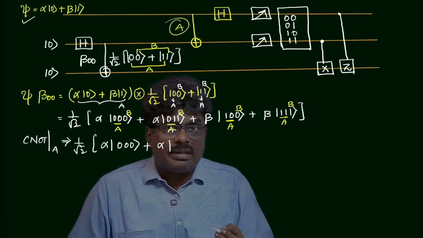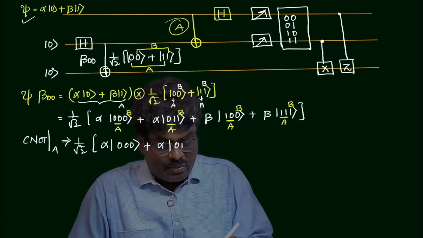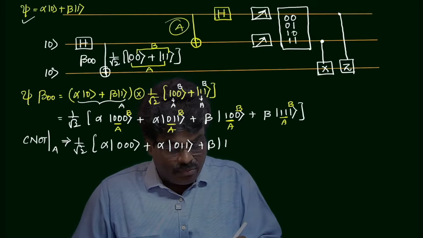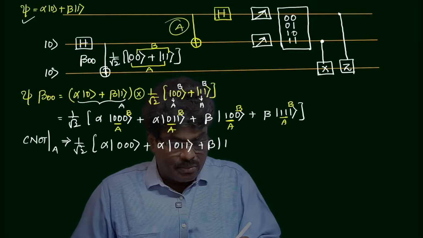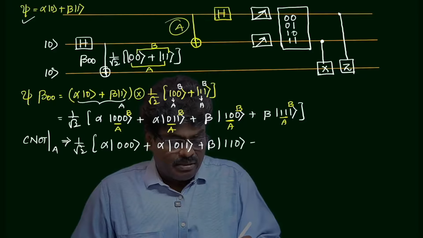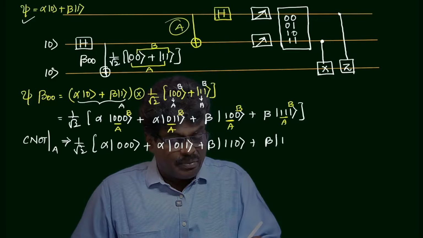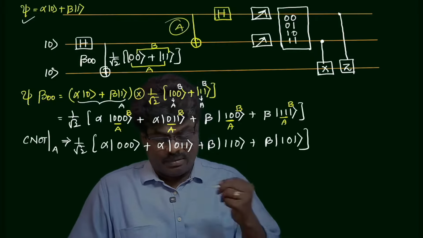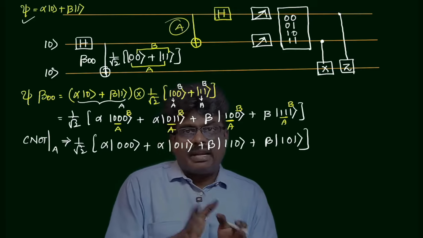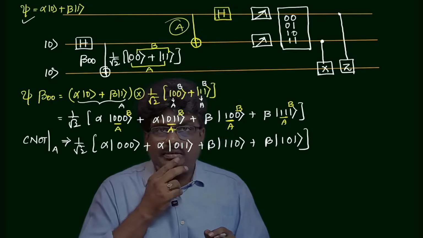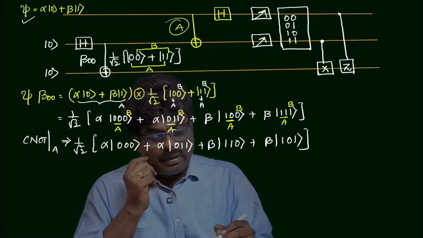Here also the control bit is 0, so 0 1 1 stays the same, but here the control bit is 1, so the target bit 0 flips to 1, plus beta. Here the control bit is 1, so the next target bit will become 0. That's it. So this is the state after C naught operation of A, and then one Hadamard operation is there on the first qubit.